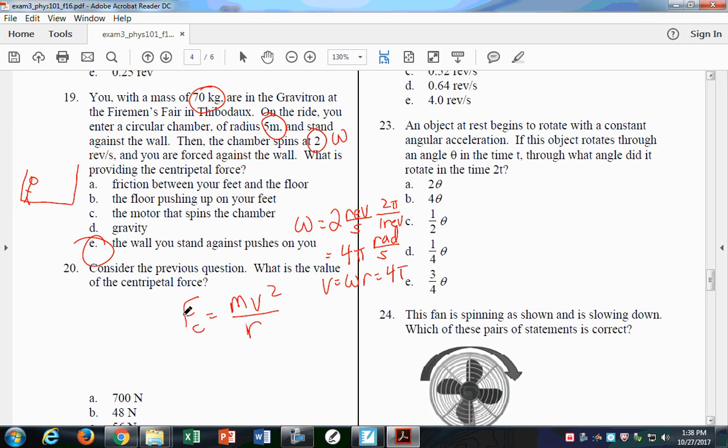That's going to be 4 pi times 5, which is 20 pi. So now I'm ready to put in my answers here. So I have 70 kilograms, that's the mass, times 20 pi squared divided by 5.